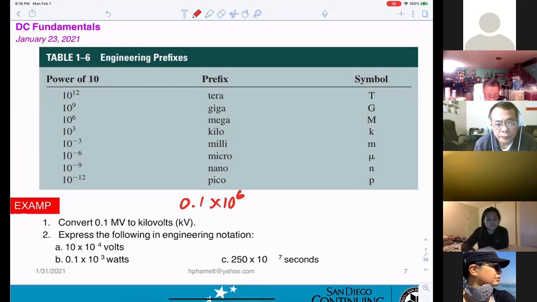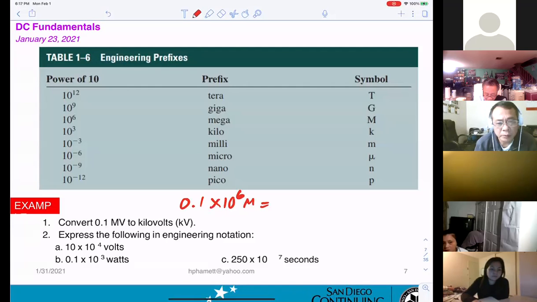And kilo is 10 power of 3. So if you want kilo, you get 100 times 10 power of 3, which is 100 kilovolt. Power of 3 is for the kilo, so that's why it is 100 kilo.